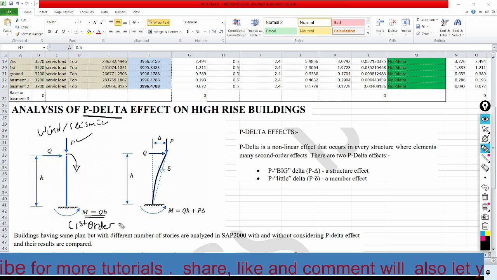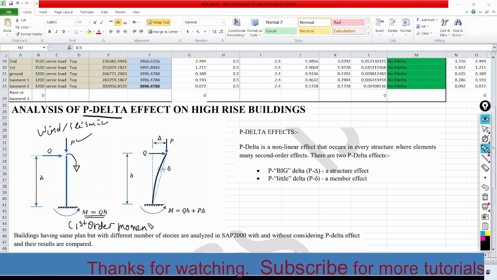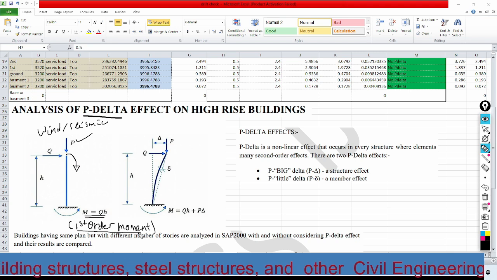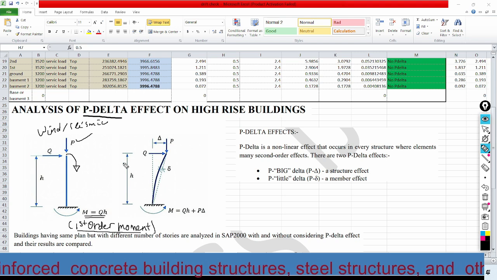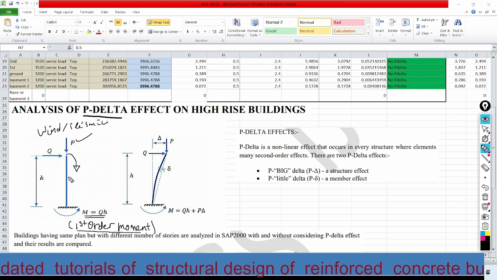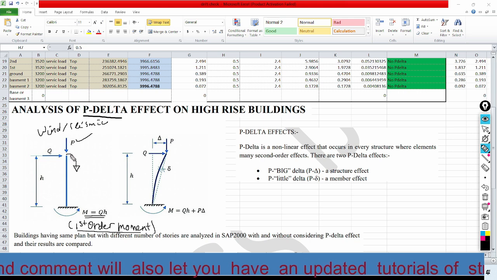In the first order moment we consider the effect of the horizontal lateral force upon the structure, and there is no lateral displacement.